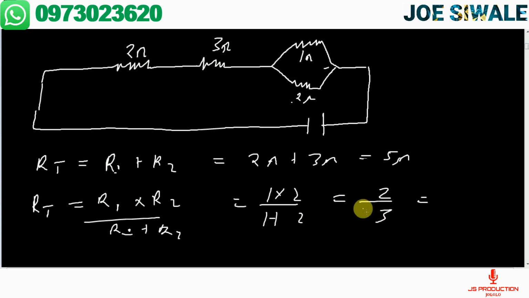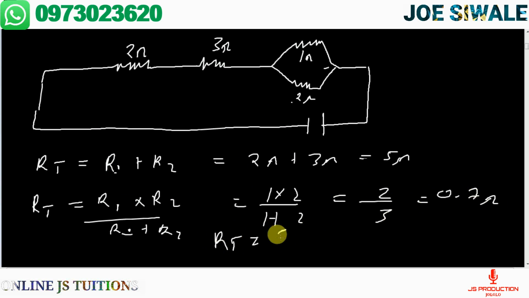And if I use the calculator there, I'm going to have 0.7 ohms if I round off to 1 decimal place. And for me to calculate the total resistance for this circuit, I'll just say 5 ohms that I had calculated at first plus 0.7 ohms. So my total resistance there is going to be 5.7 ohms.